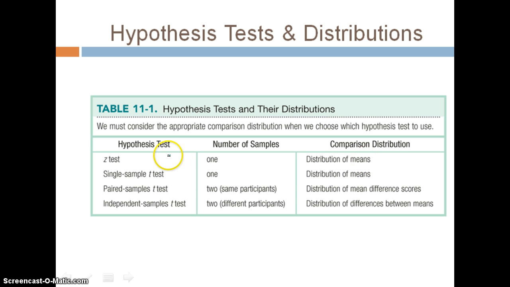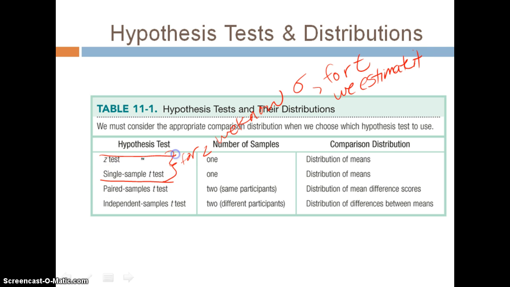And the difference between that and the single sample t-test is that for z, we know sigma, but for t, we estimate it. So that's the main difference between these two.